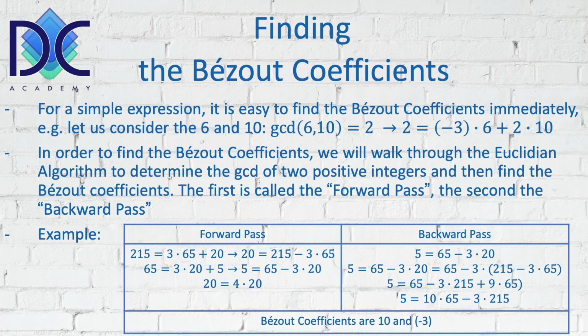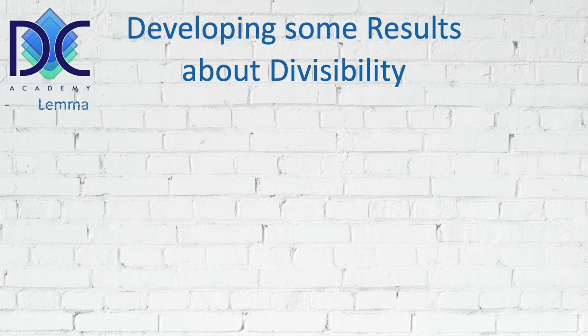So that's basically what we wanted to know here. We wanted to have the GCD, the greatest common divisor, as a linear combination of the two numbers that we calculated the GCD from.